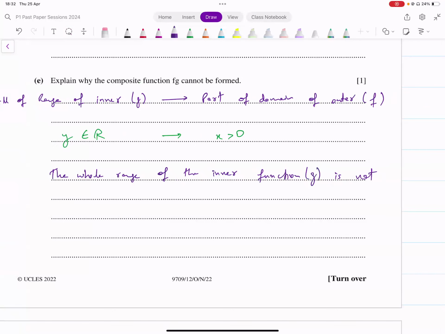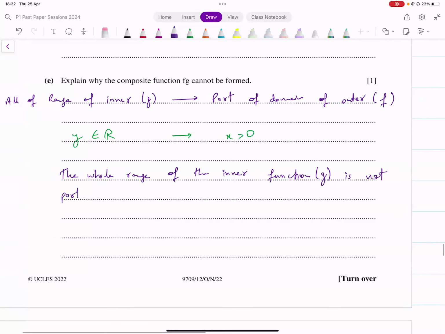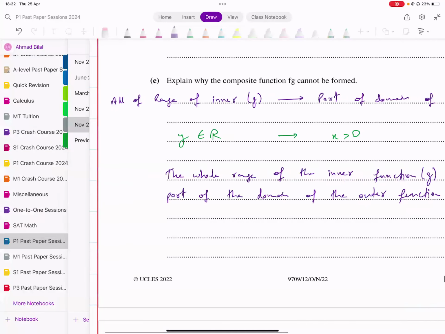The inner function is g, is not part of the domain of the outer function, which is f. That is why this function cannot be formed. Okay, so you need to remember this condition for composite functions.